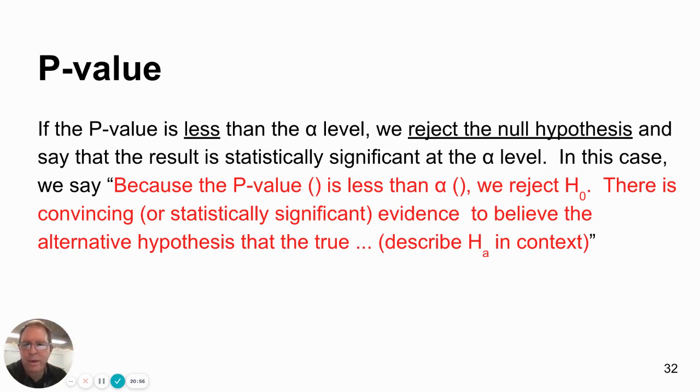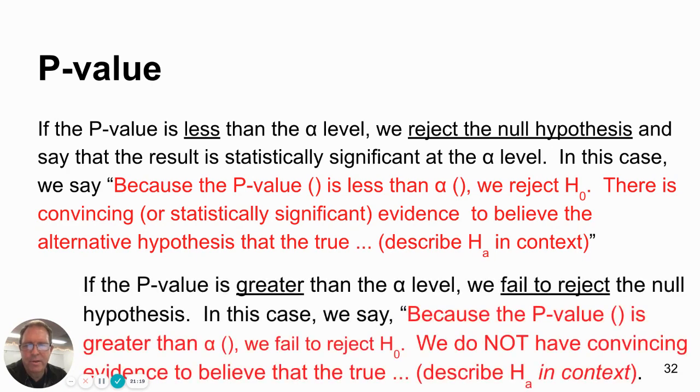In this case, we say because the p-value, and I insert the number, is less than alpha, and I insert that number, we reject the null. There is convincing or statistically significant evidence to believe the alternative hypothesis is true, and then you're going to describe the alternative hypothesis in context.